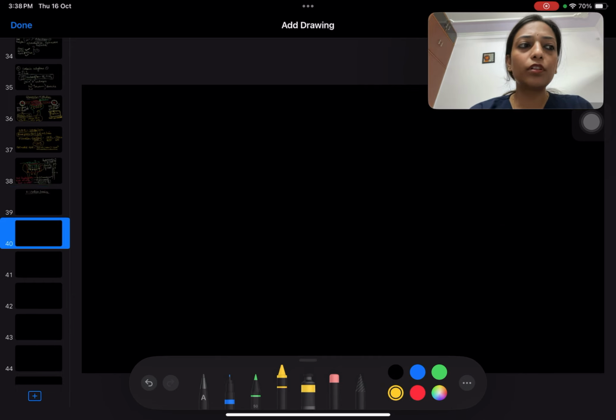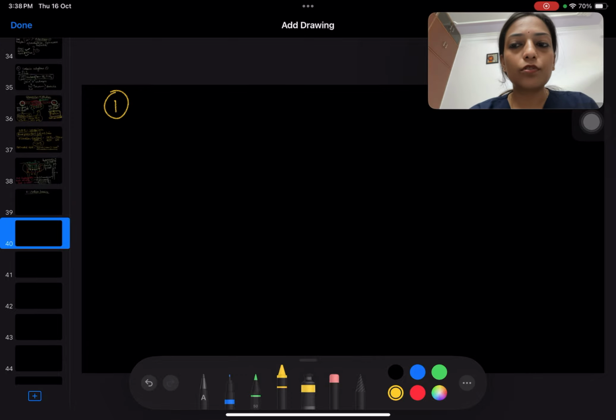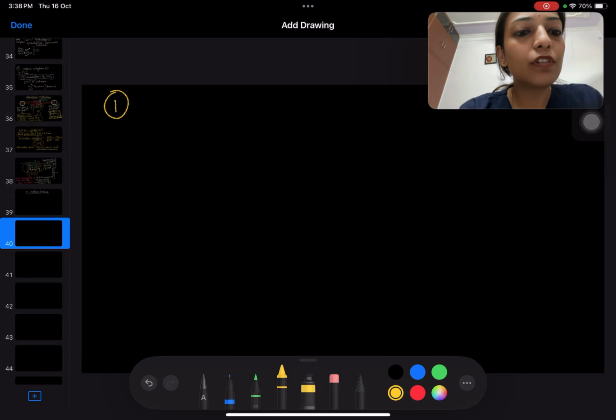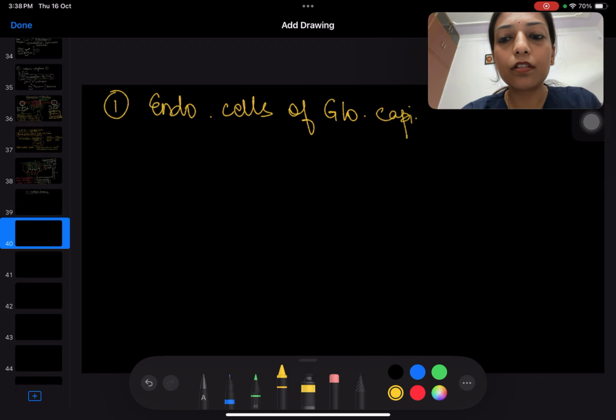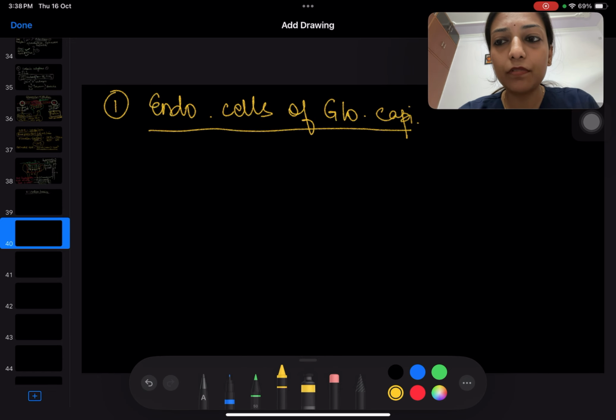The filtration barrier is actually made up of three things. The first one is endothelial cells of glomerular capillaries. So the capillaries, their endothelial cells will be there, which form the first layer. The question comes that all of these are layers of the filtration barrier except, and these three options will be there and the fourth option will be there, right?